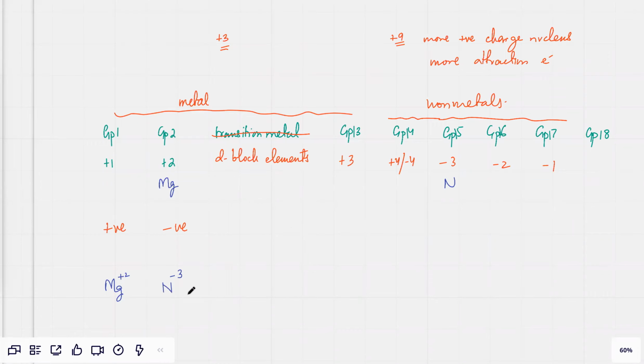So the two things are going to attract each other. The negative ion will be attracted to the positive ion. They'll join up. So can you tell me what's the formula of this compound? If they join up, what's the formula? Mg3 and 2. Okay, yes.